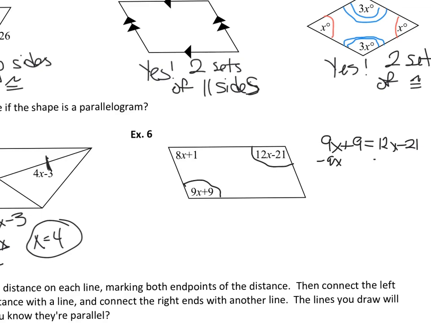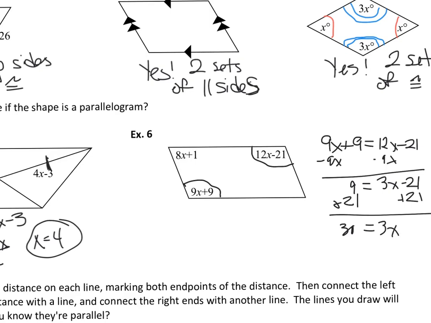So we're solving, subtract 9x on both sides. So I have 9 is equal to 3x minus 21, so add 21. So I've got 30 is equal to 3x, divide both sides by 3, so x should equal 10.